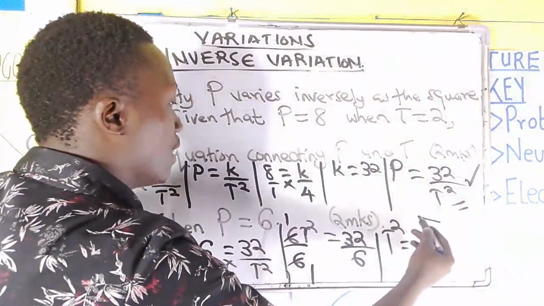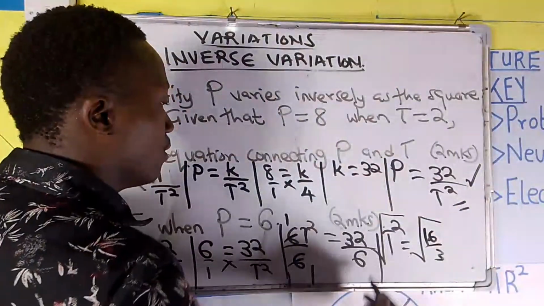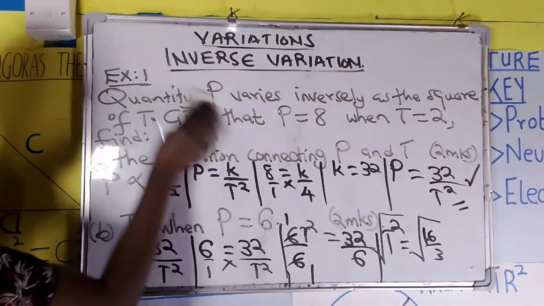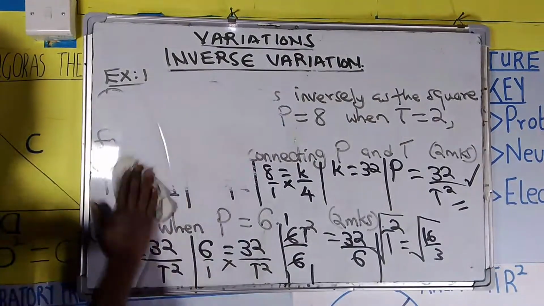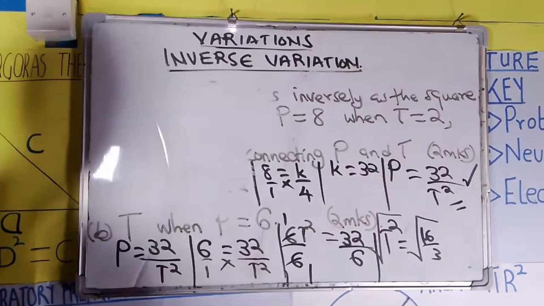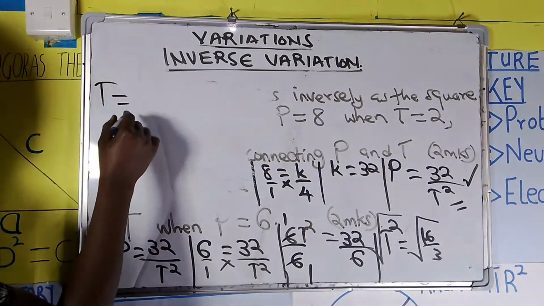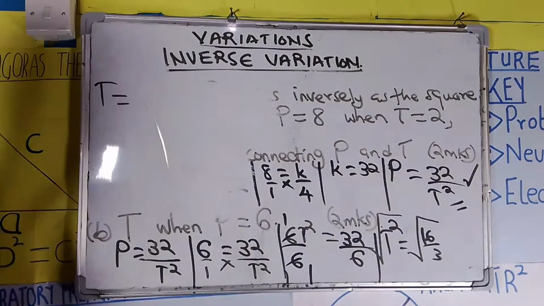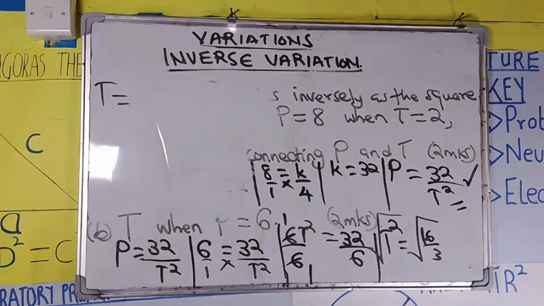And if we find the square root, what is the square root of 16 over 3? Chanione wale wako darasani.